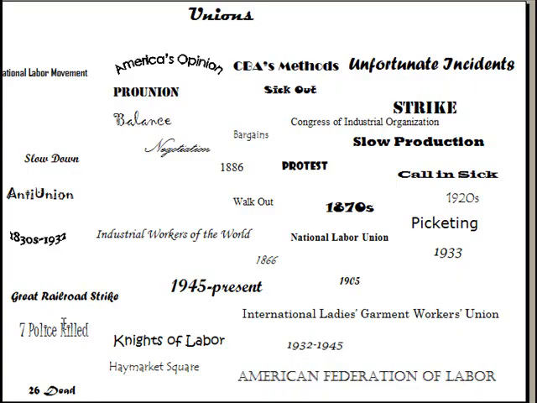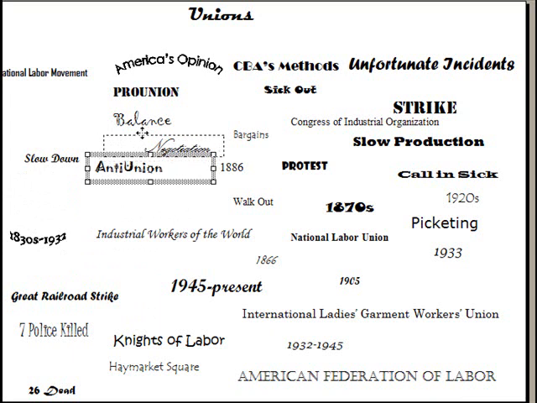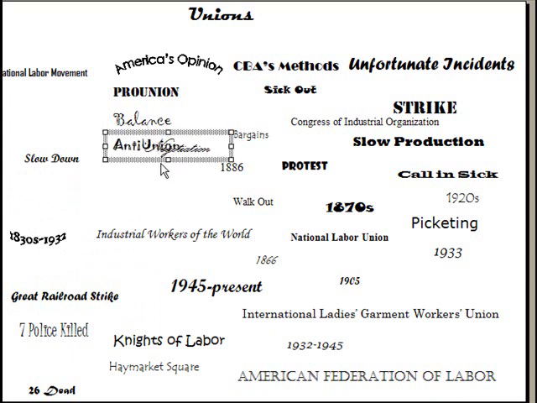And then at other times, they will read that during our history, there have been times where the American public has been very anti-union. So those are three details that all tell us something about America's opinion about unions. Let's move on to another.